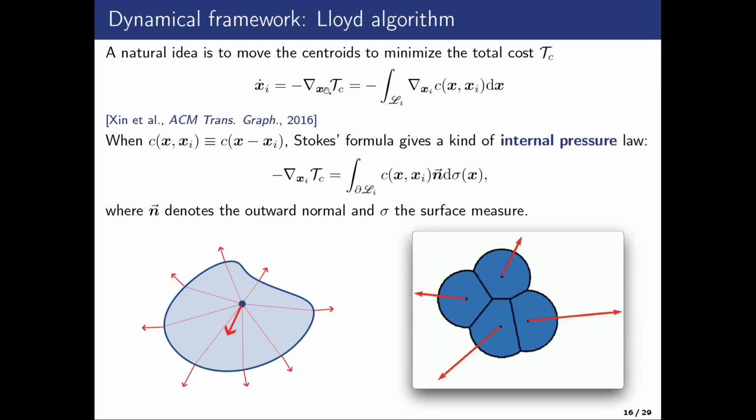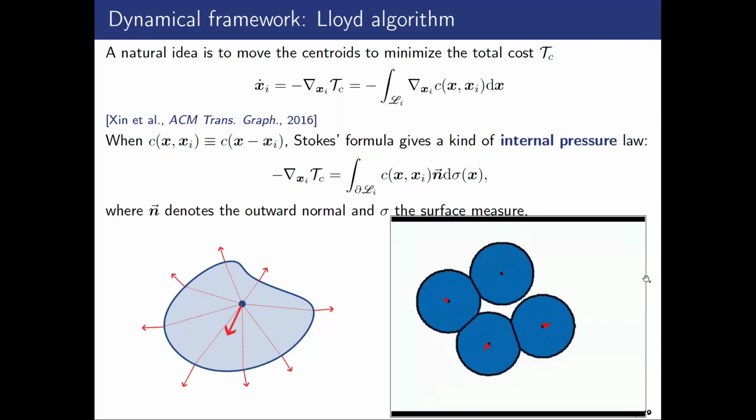If you compute the gradient of the total cost with respect to the position of each Laguerre cell, the force balance is like this. And if you run the simulation, they will just repel each other. You can see the internal pressure of each Laguerre cell as creating a repulsion force.